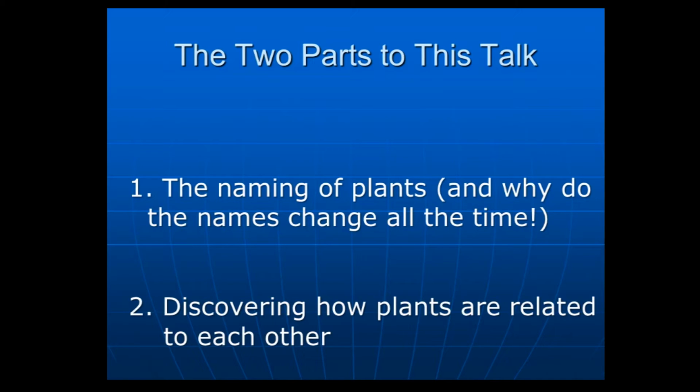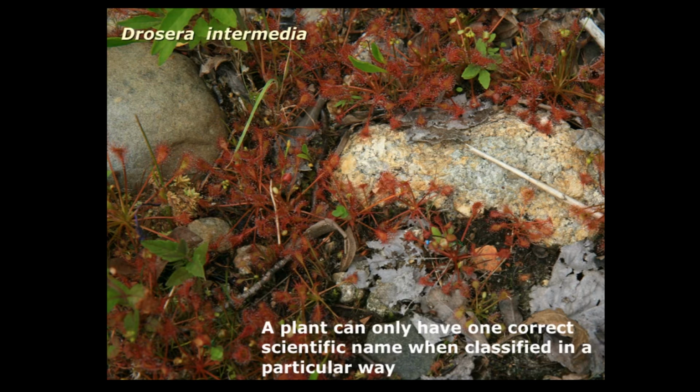So, okay, first of all, the naming of plants. You are all familiar with the statement that a plant can have only one correct scientific name. The scientific name is composed of a genus and species. The thing that's often forgotten in this is what's tacked on at the end: when classified in a particular way.